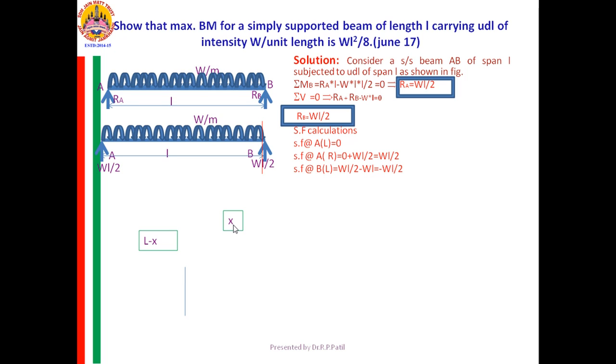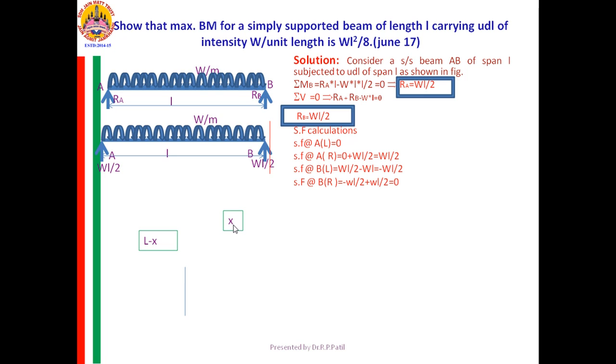Yes, from there I need to go for SF at right of B. Directly you can write 0, otherwise you can check it. Till the left of B, it is minus WL by 2, and after crossing, WL by 2 is coming. It is acting on what part? It is acting on the left part.